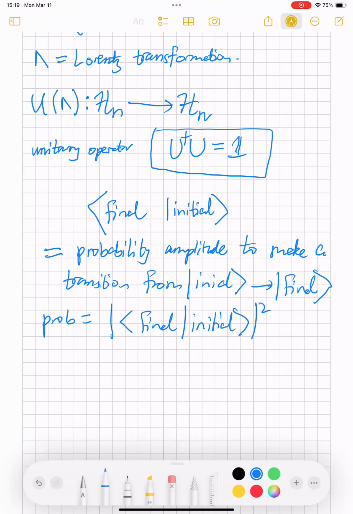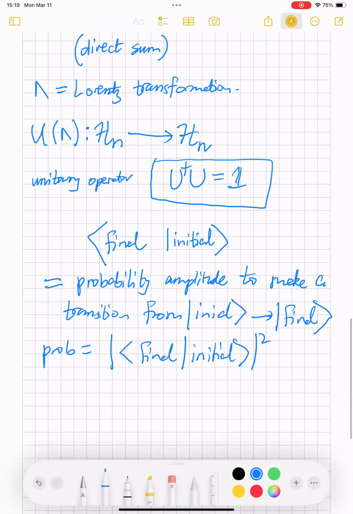Now, if I've got a symmetry, I expect this to be reflected in the kinds of predictions I can make. So here's an example of a symmetry. The laws of physics are time shift invariant. So the laws of physics today were the same as the laws of physics yesterday, and tomorrow the laws of physics will still be the same.